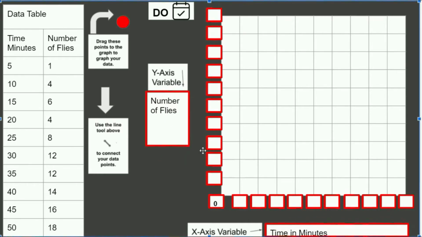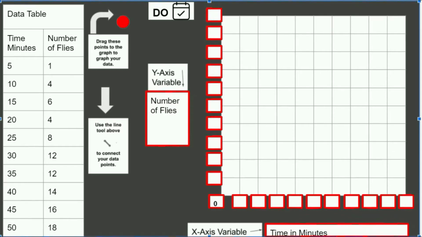Now that we have our variables on our axes, it's time to figure out the scale we're using for each side of our graph. Let's look at the time in minutes. I'm going to take my largest data point, which is 50, and divide it by the number of increments. Let's bring up the calculator.